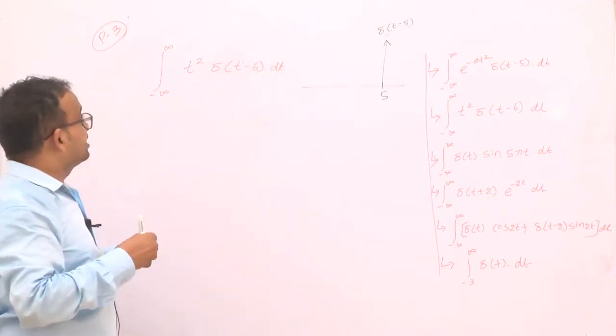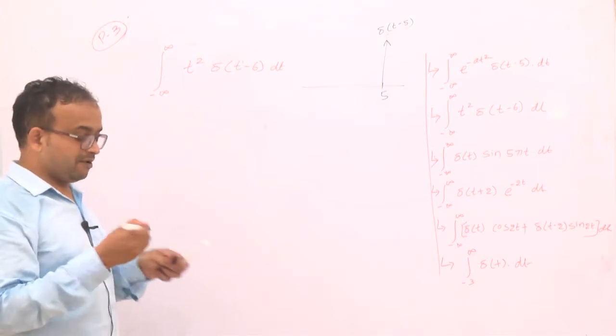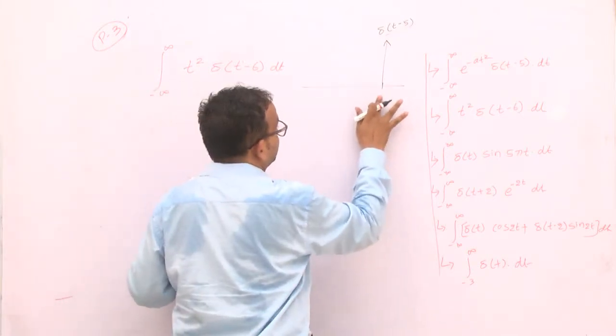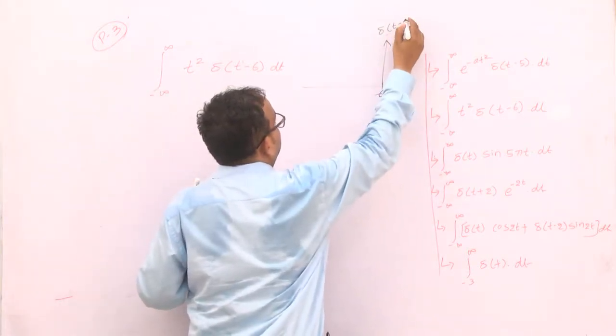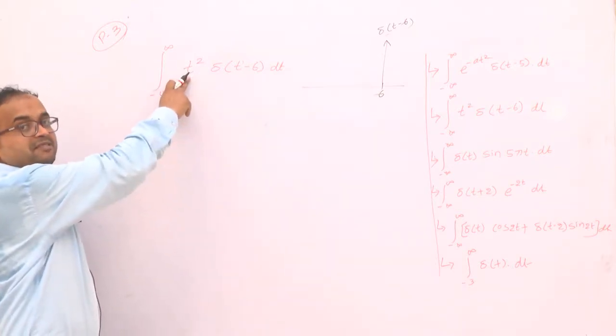The integral of t square delta of t minus 6 dt. If I want to solve the problem, what can you write? Same thing. Now delta of t minus 6 is present at t equal to 6. Right? So now this t will be replaced by 6.